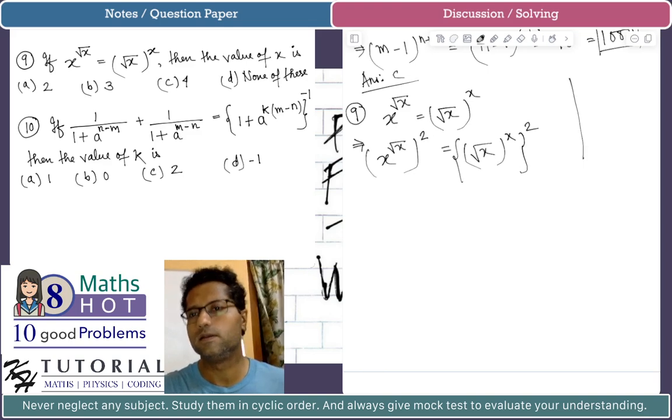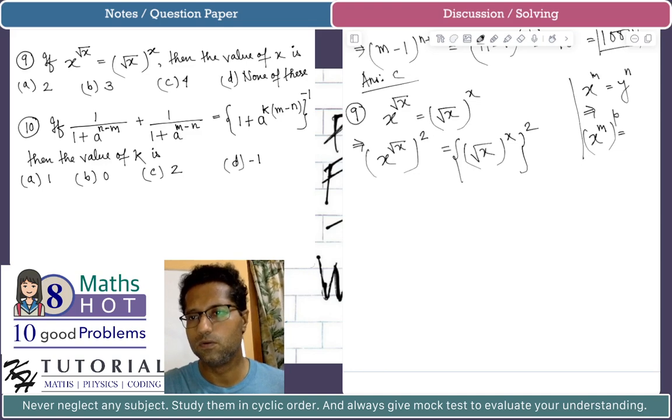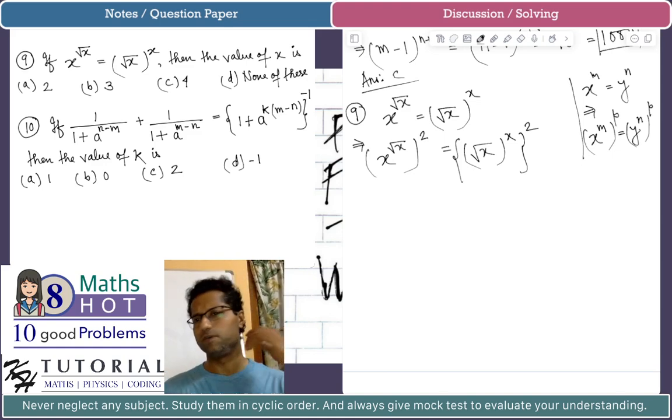So if you are given something like x to the power m is equal to y to the power n, I can always raise both the terms on the left hand side and the right hand side by an equal power. I can say that (x to the power m) raised to the power p is equal to (y to the power n) raised to the power p. Obviously p should ideally not be 0, or it can even be 0. I can use any value of p.